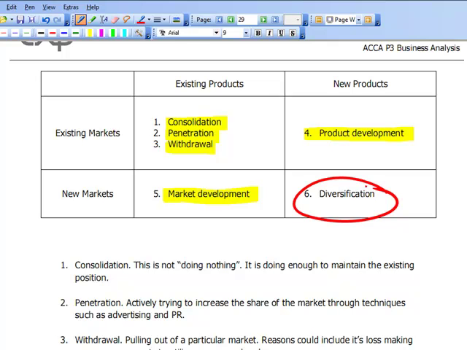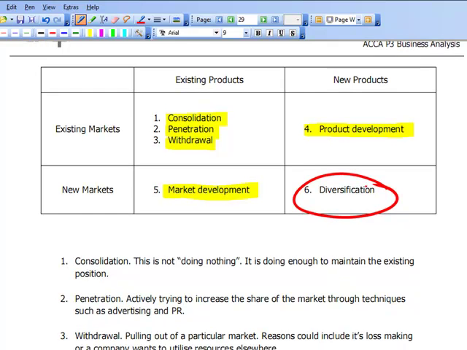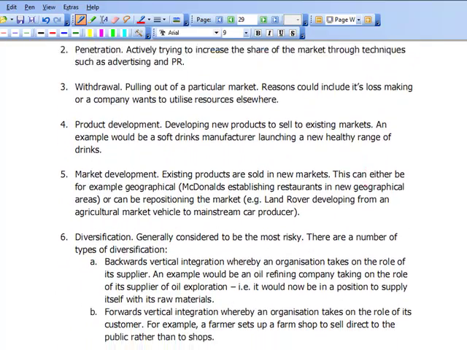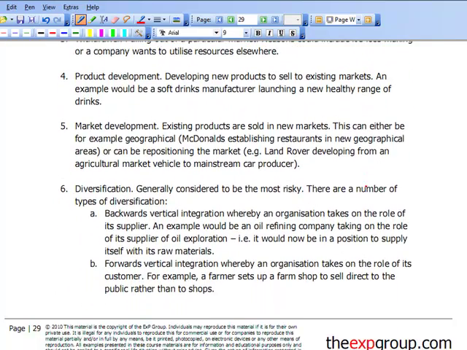We're on page 29 of the Express Notes. If you go down to the bottom of page 29, you will see we have some discussion here about diversification. First of all, this is generally considered to be the most risky, but then there are a number of types of diversification.